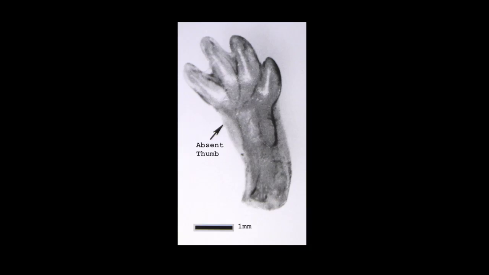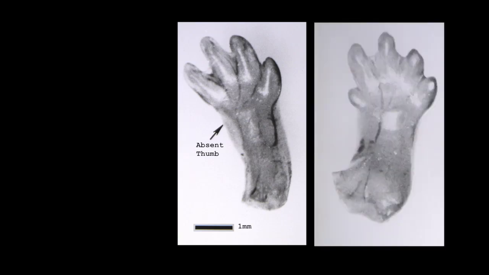Here is a photograph of a 16-day rabbit fetus obtained by Dr. John Cameron. Its mother had had thalidomide, and it shows absence of the thenar eminence. It is not going to be developing a thumb on this side.